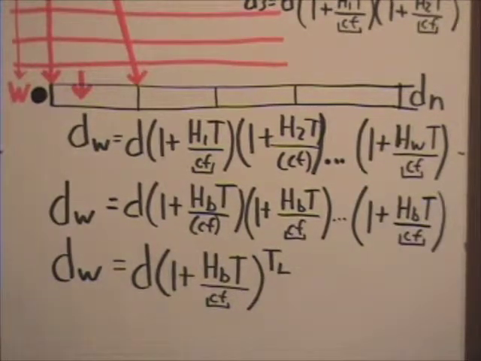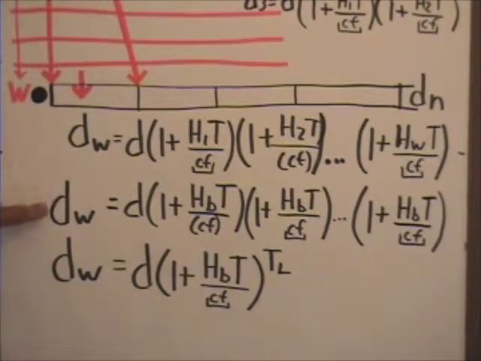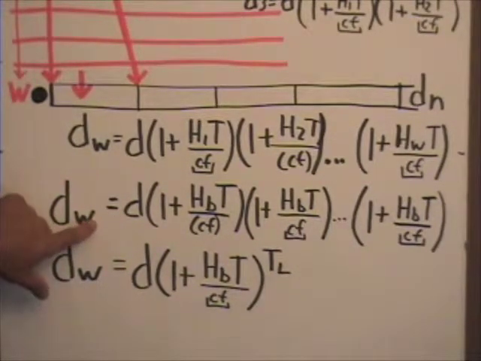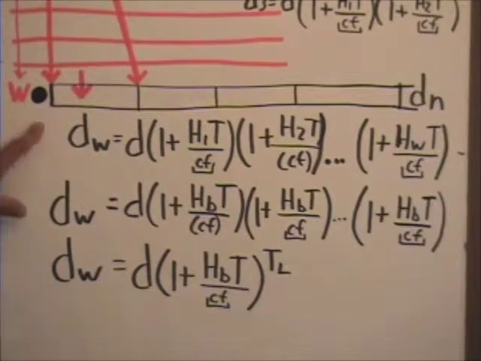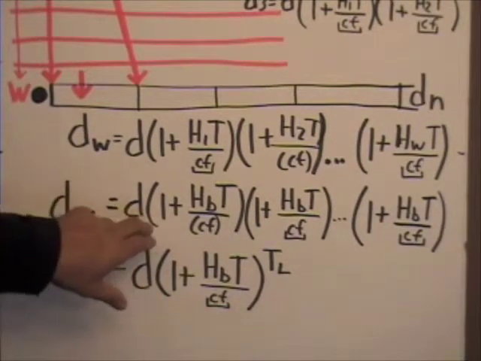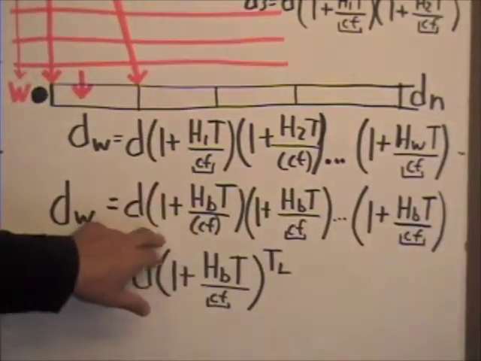And now we can see how the blended Hubble constant will help us, because if we divided the time into slices where each slice was 1 second long, then the number of slices we would have would equal the number of seconds that light was traveling from the galaxy to Earth. So that would be the number of these components in the formula.